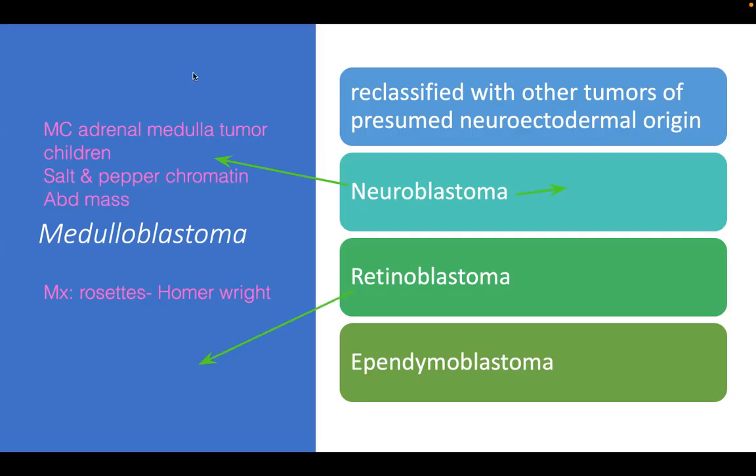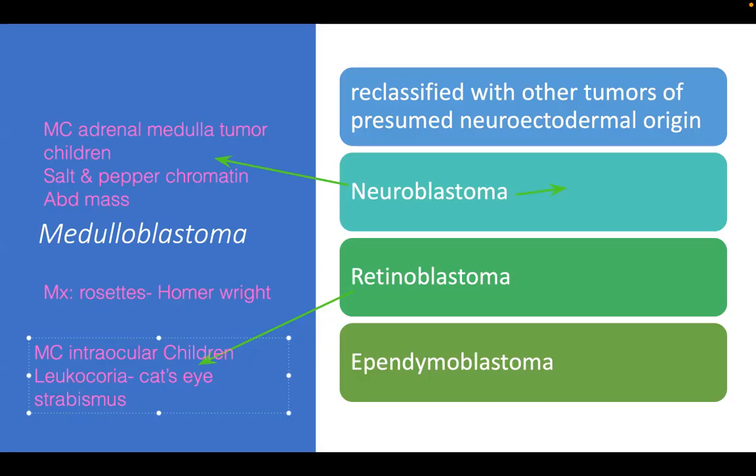Then we have the retinoblastoma, which is actually considered to be the most common intraocular tumor in children. Early manifestations would be leukocoria, which we call the cat's eye. If you read your Nelson's, which is your Bible for pediatrics, it mentions that aside from leukocoria, early manifestations can also be strabismus.